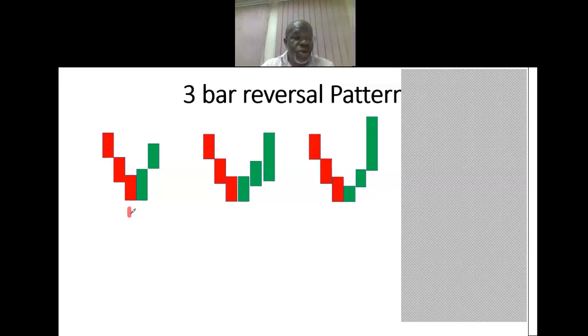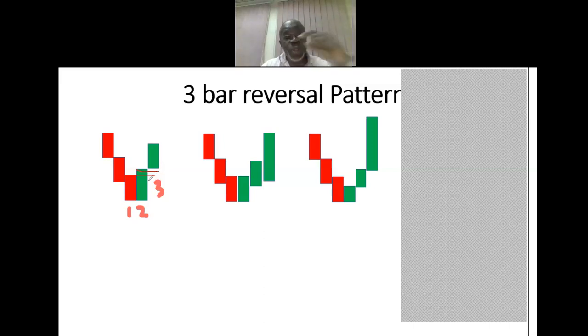So one, two, three. The important thing is that the apex candle must close above the measuring candle. As you can see, this is where it has closed.